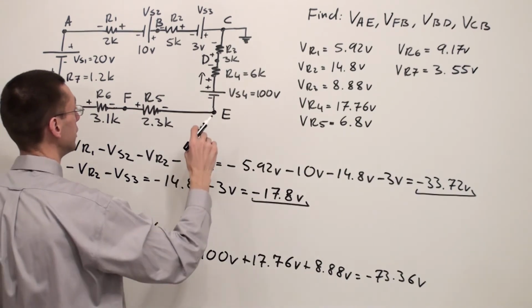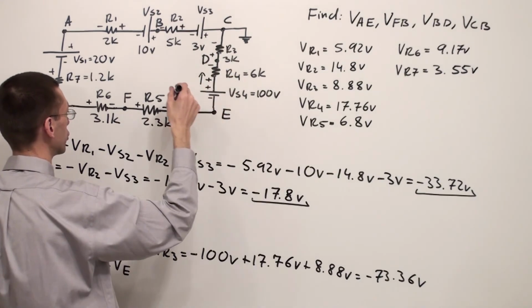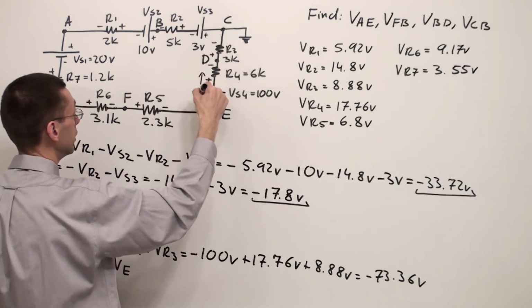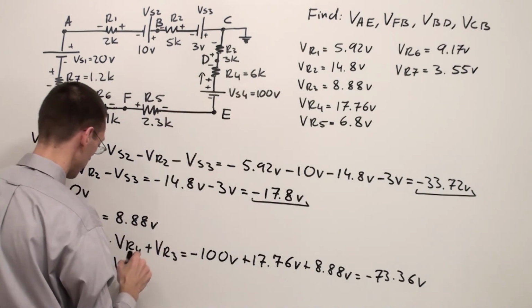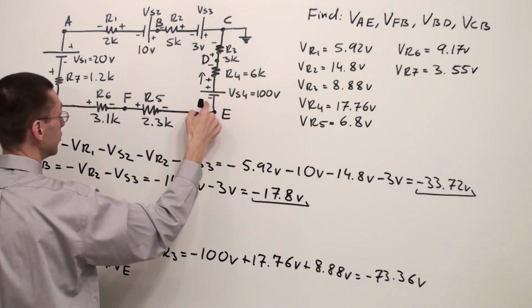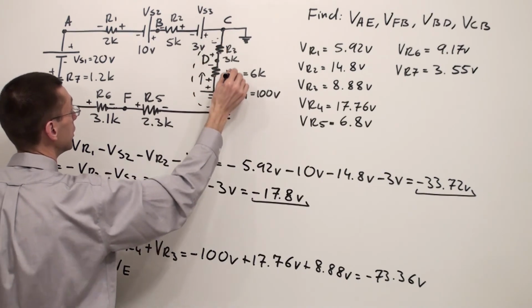Why plus VE? Instead of rewriting these voltages one more time, you're supposed to realize that the current goes in this direction, and I'm going to treat these three components like one. I'm going to have a positive sign, even if you have a negative sign over here, because I'm treating this like one component.